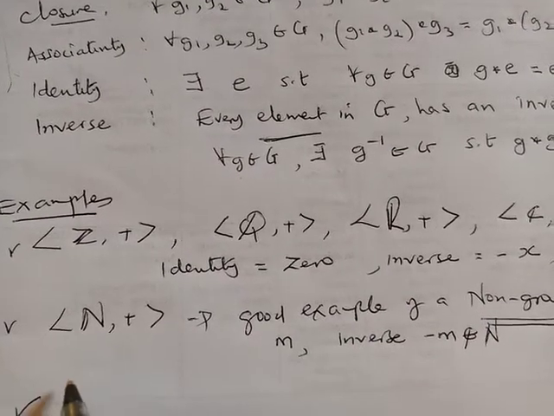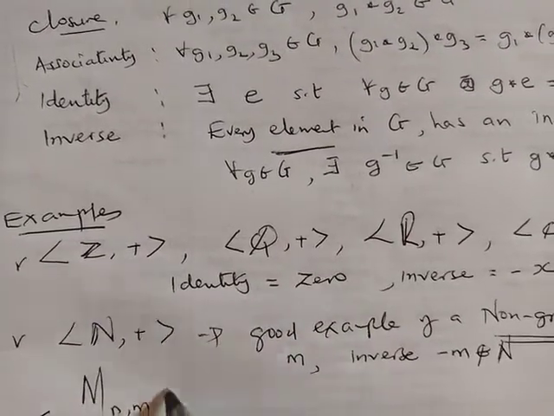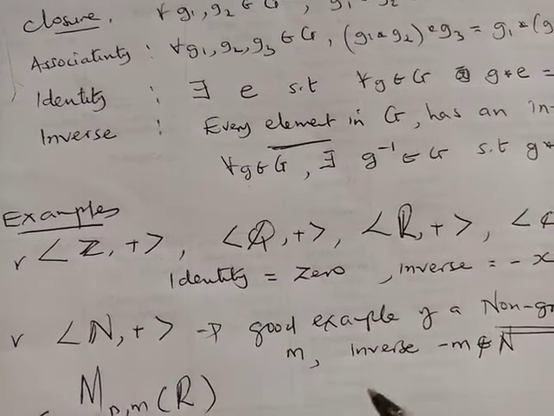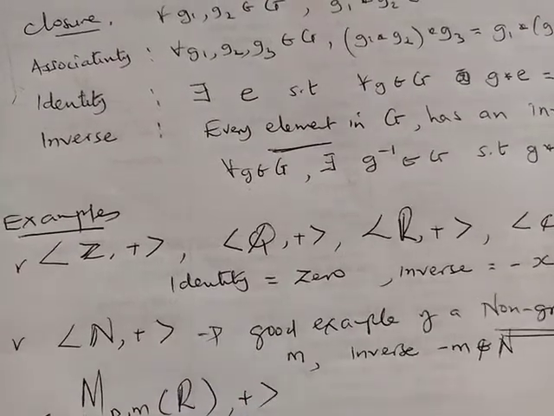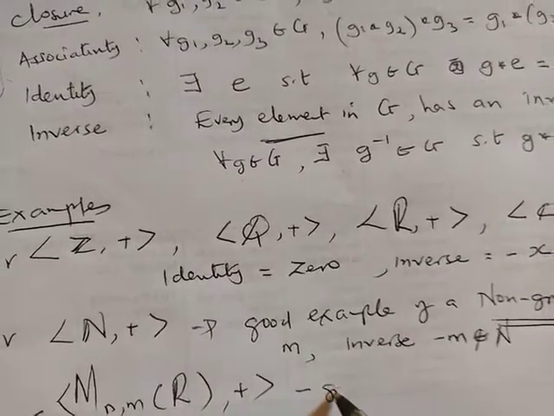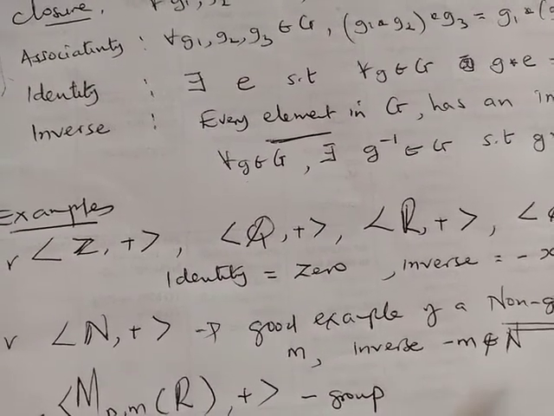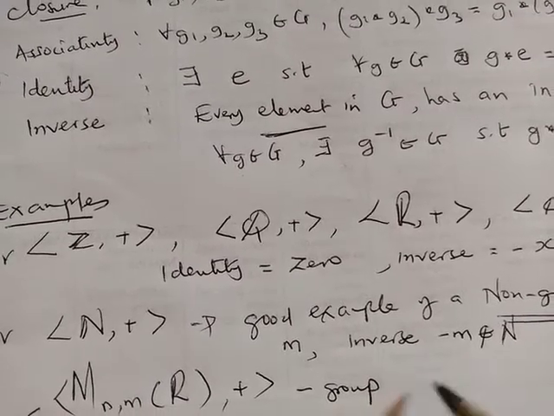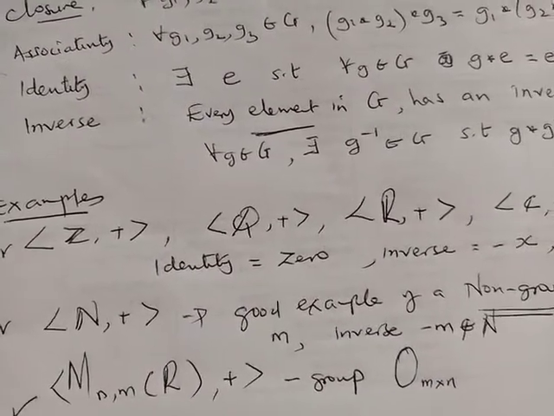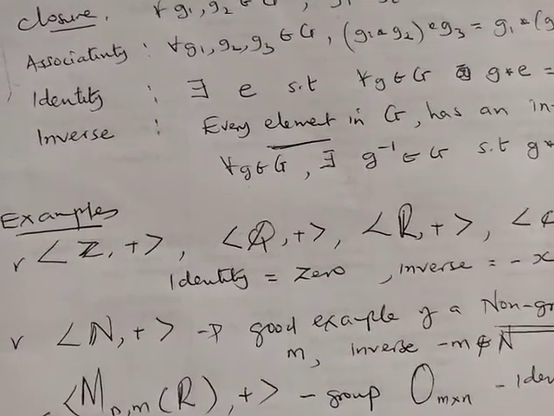Let's look at matrices. If you look at matrices with real entries under addition, you find that this is a group, because the matrix with all zeros becomes the identity.